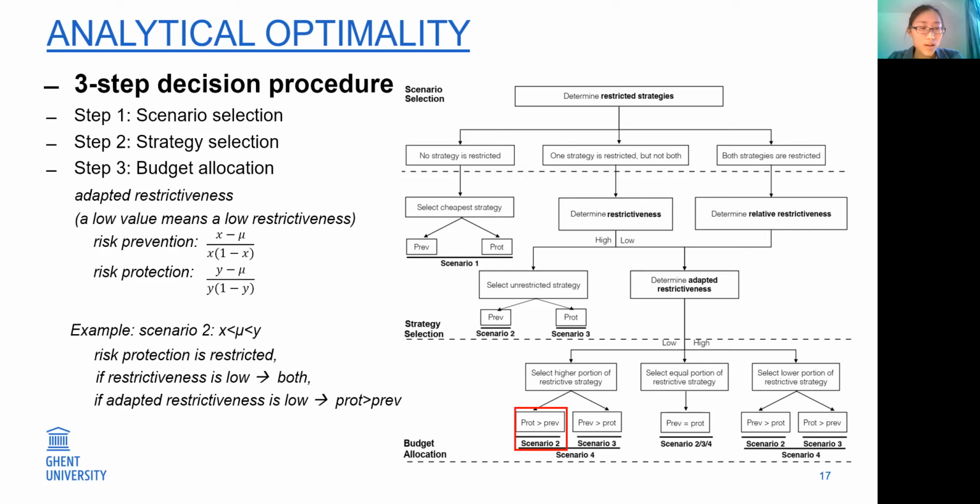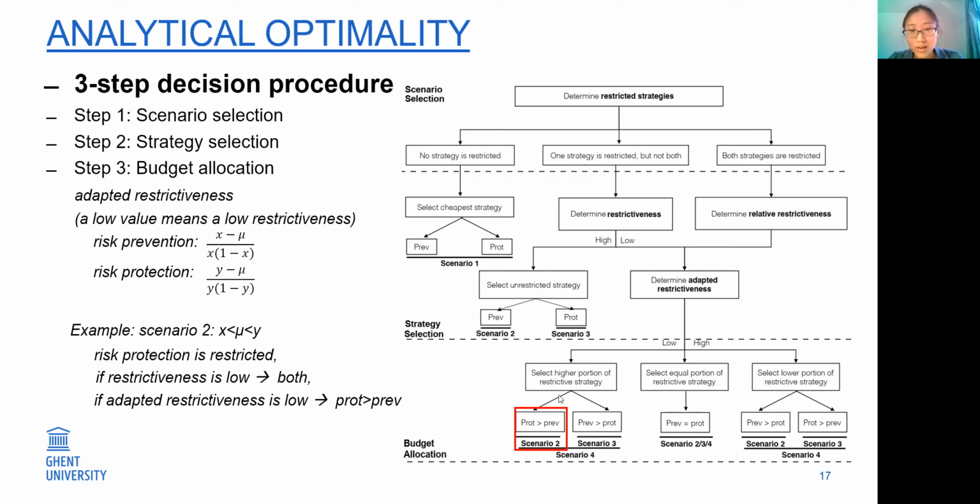Here we also give an example. We also take scenario 2 as an example. If the restrictiveness of risk protection is low, we go to the both strategy, which is in the right direction. And then for this step, we determine the adapted restrictiveness. If the adapted restrictiveness of the risk protection is low, we prefer to allocate more budget to the restricted strategy, which is risk protection.